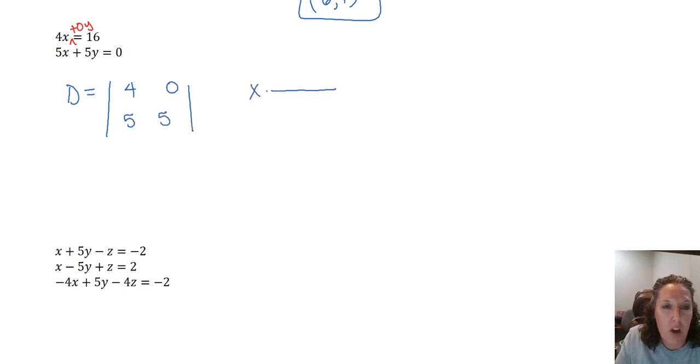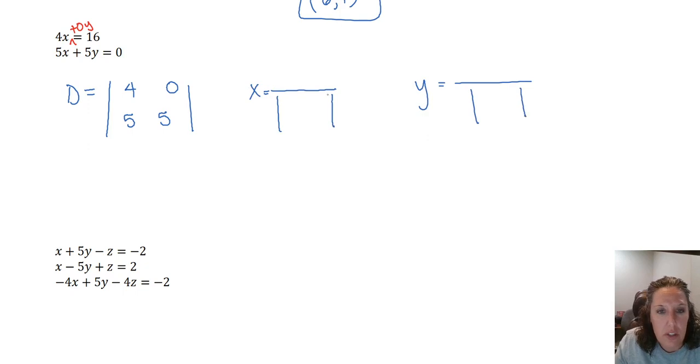That's going to be the denominator on both our x and our y. So 4, 0, 5, 5, and 4, 0, 5, 5.